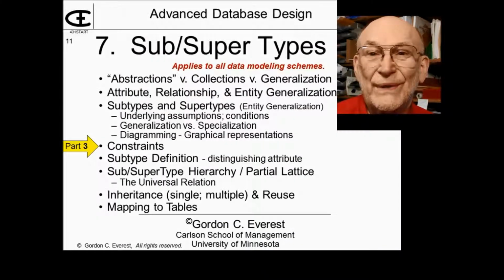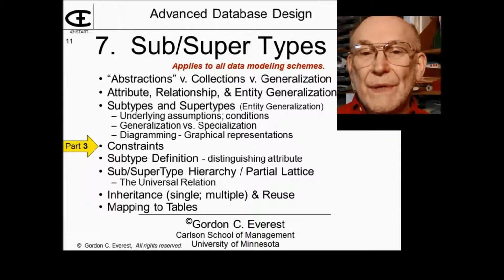Now that you have learned all about subtype supertype structures, we turn to the constraints that we can express on subtype supertype structures and the various ways they can be represented in a data model diagram. This includes the exclusion or non-overlapping constraint and the mandatory or total inclusion constraint.